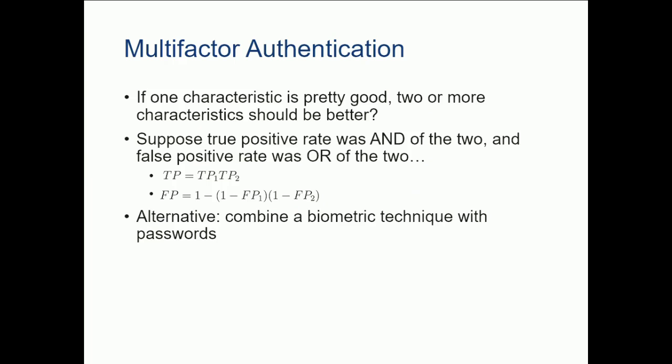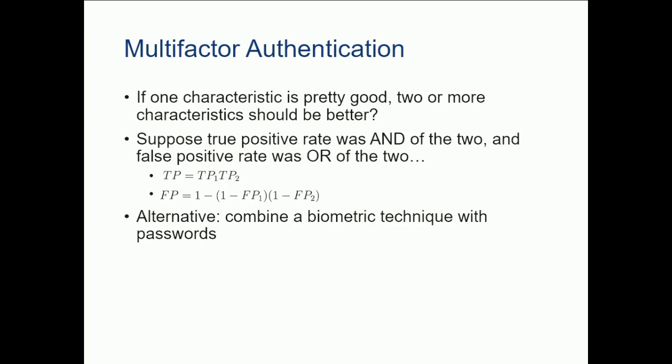If we combine two authentication techniques into one, and the true positive rates of these two systems are TP1 and TP2, then the true positive rate of the combined system is simply the product of TP1 and TP2.